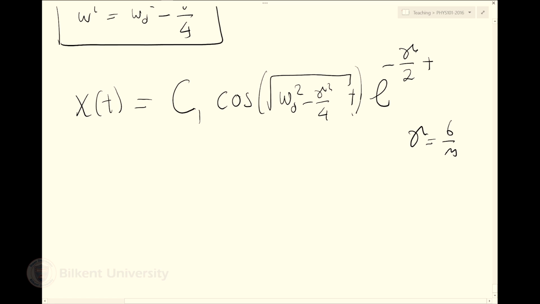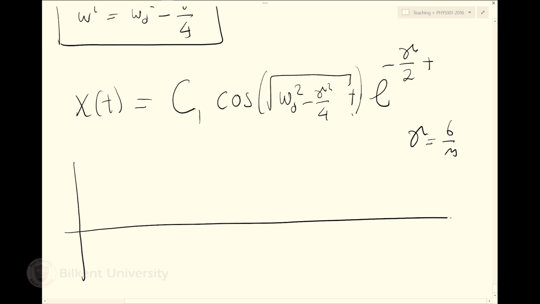B was my drag coefficient. So, what kind of solution did I get? First of all, I still have an oscillating term. Oscillating term means that I'll have my cosine, but the amplitude of cosine is actually decreasing in time. Okay. So, you remember what an exponential looks like.